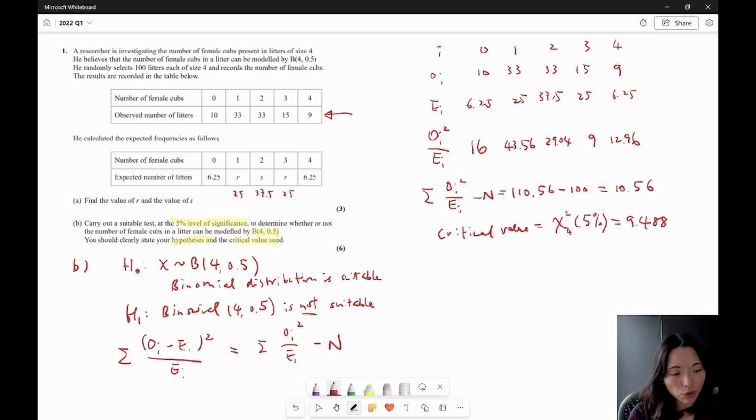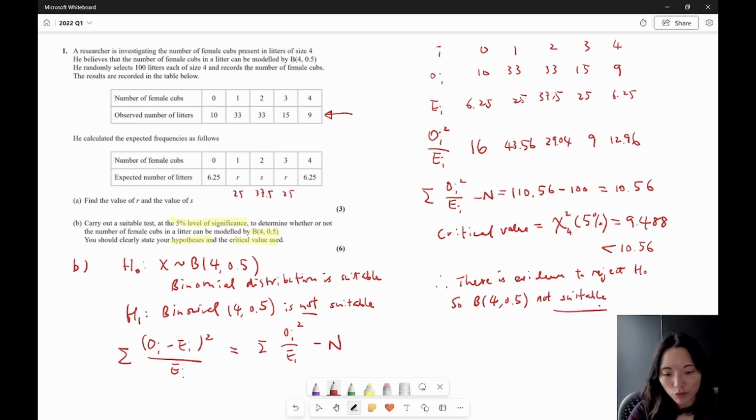And because the critical value is less than our test statistic, there is evidence to reject H0, because the difference between the observed values and the expected values is too big, much bigger than the critical value that allows us to accept. So binomial 4, 0.5 is not suitable. And that's our conclusion for part B.